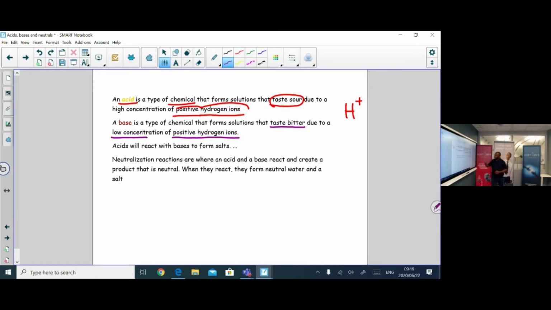Acids will react with bases to form salts. As an example, neutralization, as we'll see when we move on to your pH scale, is when an acid and a base react and create a product that is neutral. When they react, they form a neutral product.